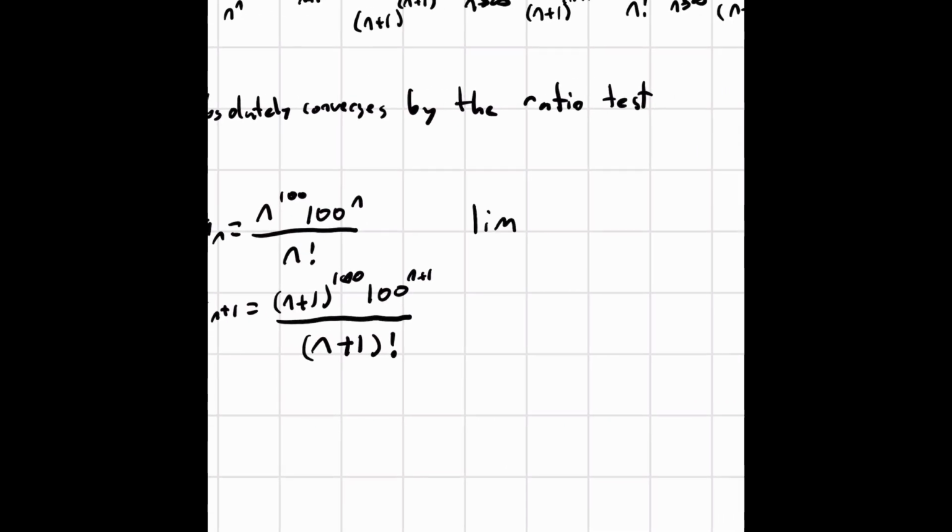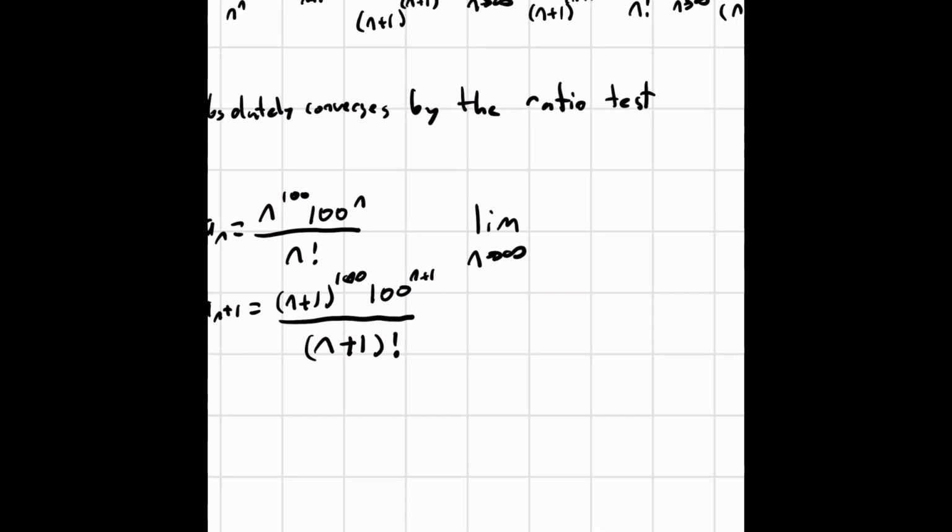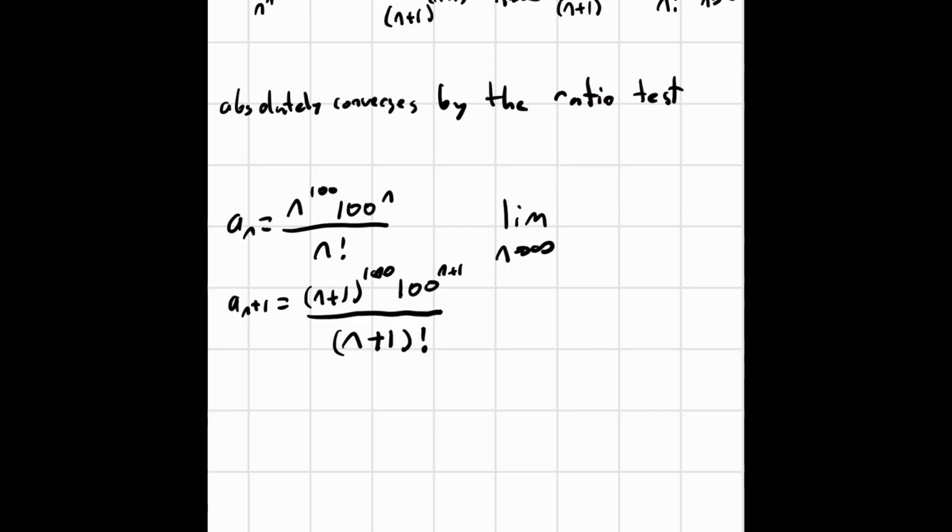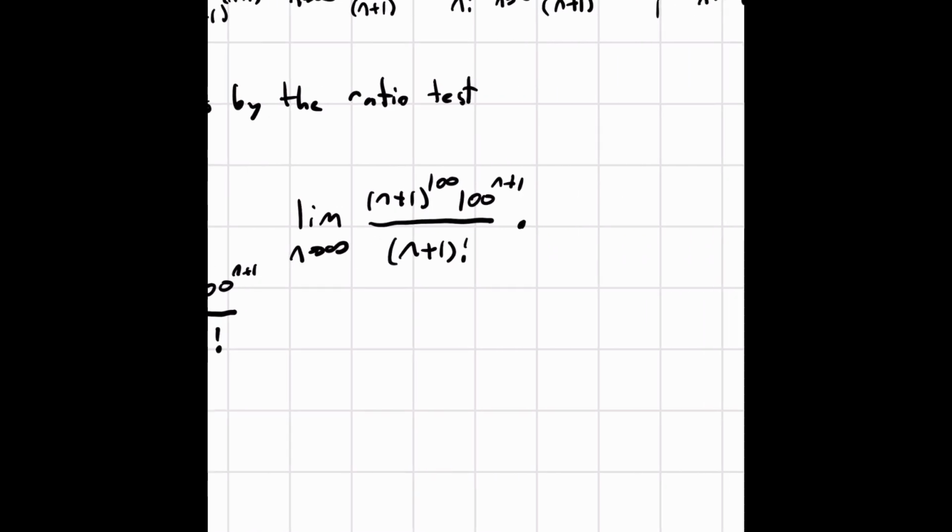So we're doing the limit of the absolute value of those terms, but there's no negatives there, so we don't need the absolute values. (n plus 1) to the 100th, 100 to the n plus 1, divided by (n plus 1) factorial, divided by a_n, so we're going to keep, change, flip: n factorial over n to the 100th, 100 to the n.